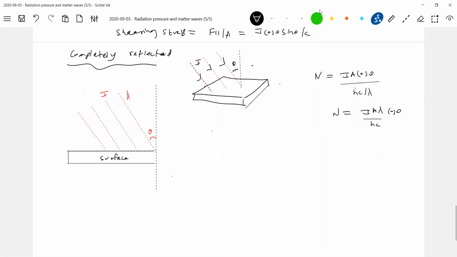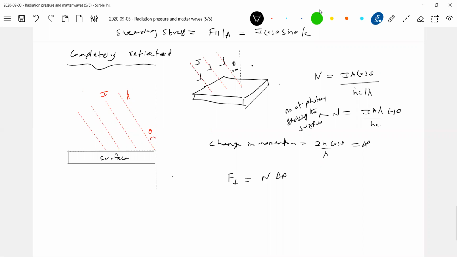Then what about the change in momentum? It should be equal to 2h by lambda cos theta. This is the number of photons striking the surface, and this is the change in momentum. So what is the force? F perpendicular equals n into delta p, the number of photons striking the surface per second.